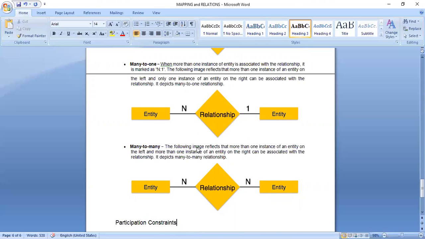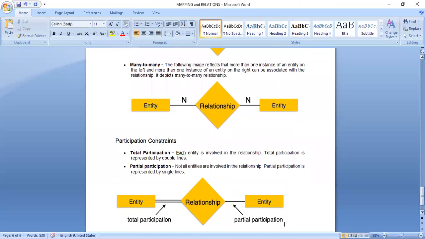Coming to many to many, many entities on the left hand side will be in relation with many entities on the right hand side. That is said to be an n is to n relationship, a many to many relationship. Is this clear? So ER diagrams are better described in this way, using these mapping cardinalities: 1 is to n, 1 is to 1, n is to 1, and n is to n.